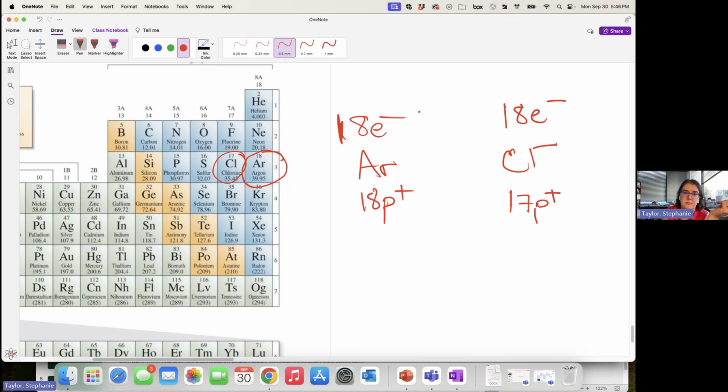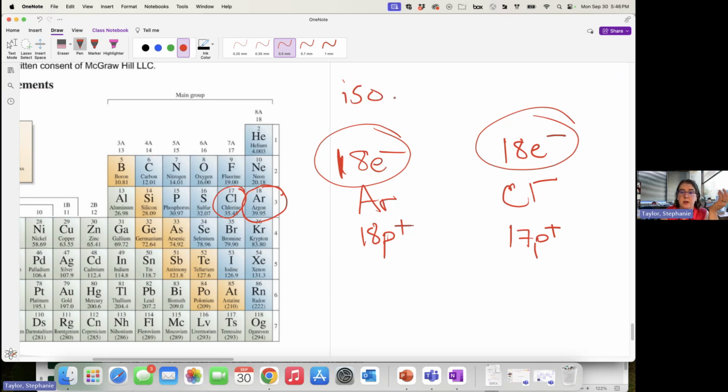So first of all, this is what we refer to as being isoelectronic. It has the same number of electrons. Isoelectronic just means it has the same number of electrons. That's all that means. Then what you might notice as far as size goes is argon's going to have some size, whatever that is. It's to the right, so it'll be kind of small.